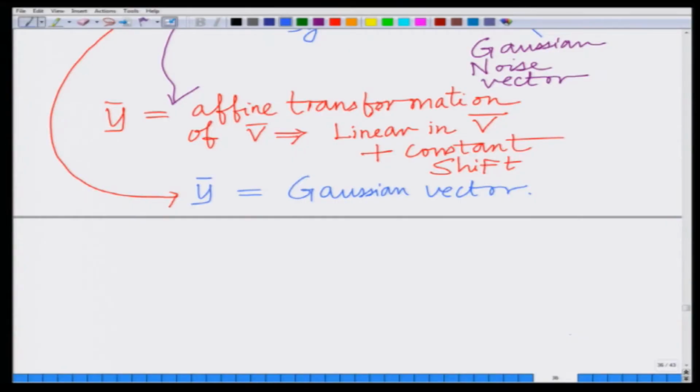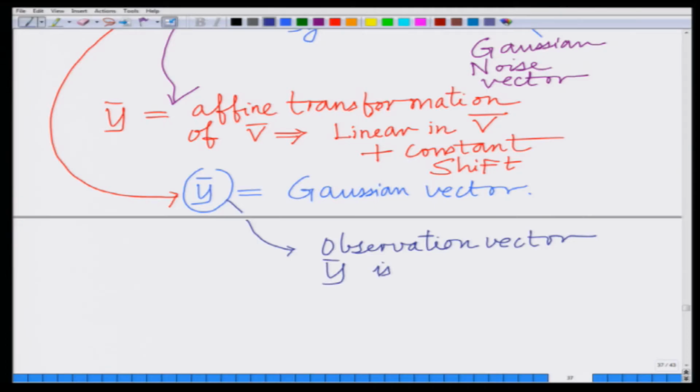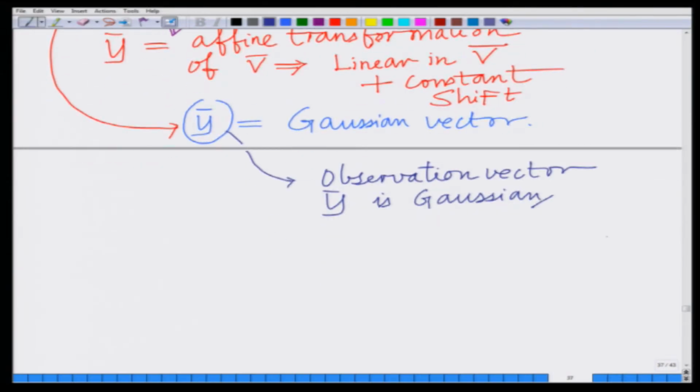So, let us start with that first, that is the observation vector y bar is Gaussian.